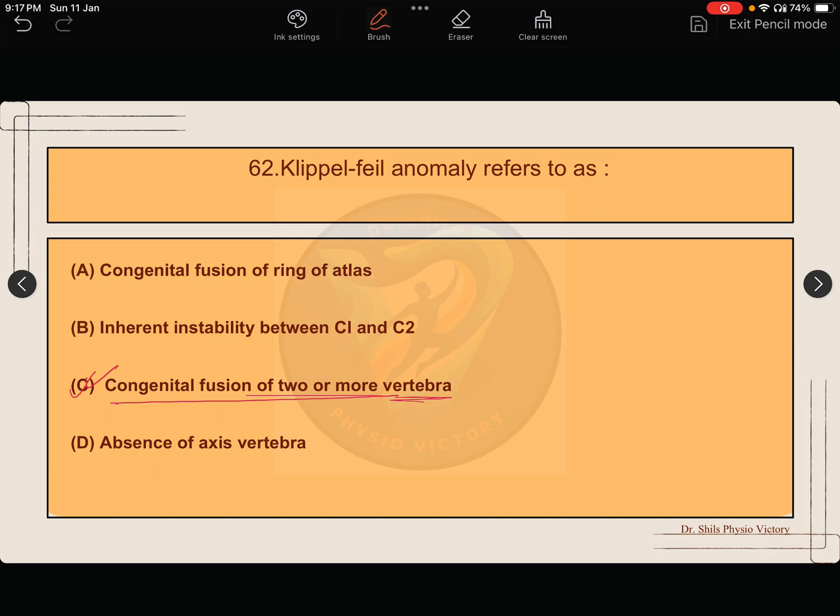Basically, Klippel-Feil syndrome is characterized by congenital fusion of two or more vertebra.